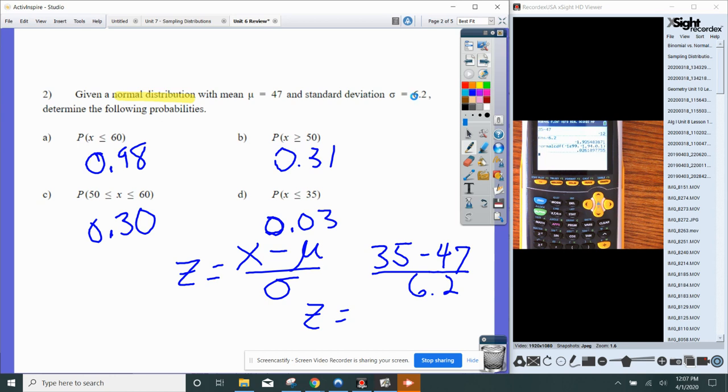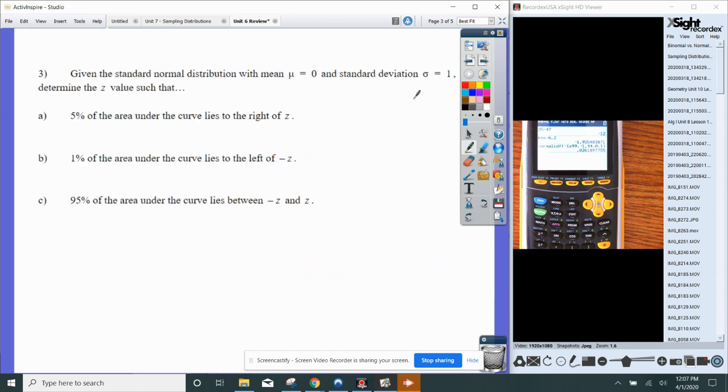Okay, on to number 3. Given the standard normal distribution with mu 0 and sigma equaling 1, determine the z value such that 5% of the area under the curve lies to the right of z. So in this case, let me draw a little picture here.